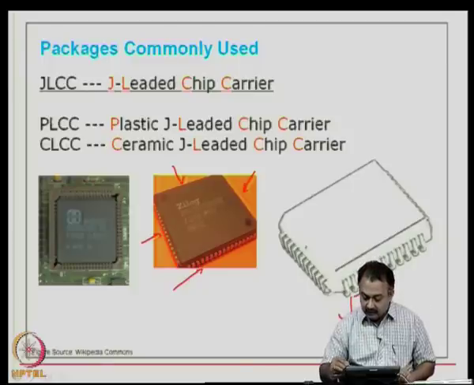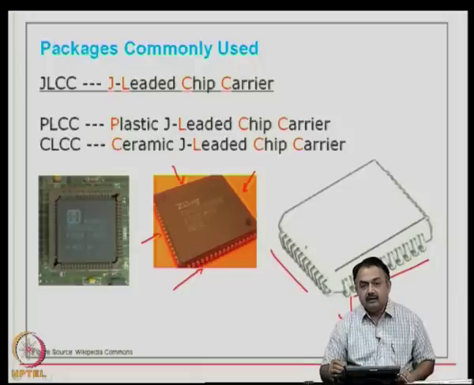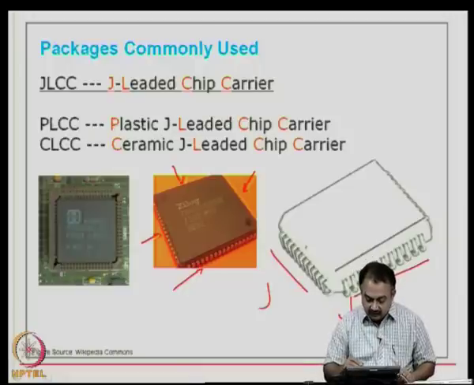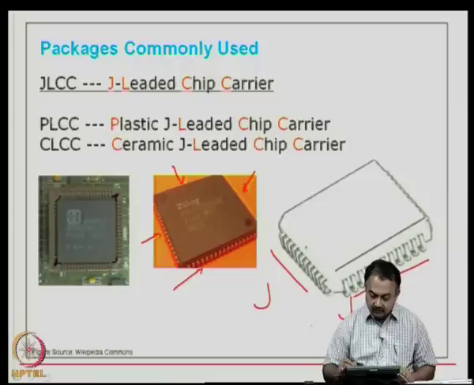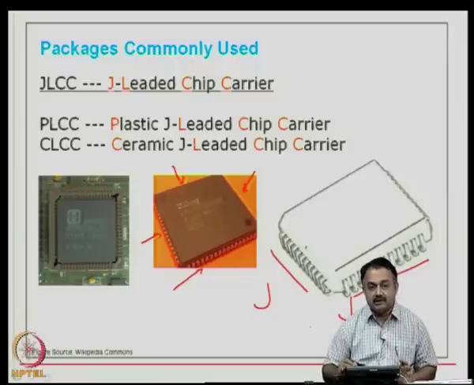So, as you can see, the entire row of leads here are J bent, okay, inside. So, which means the body outline of these packages are considerably smaller compared to your quad flat packs.